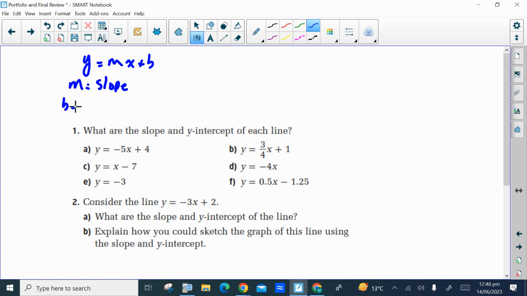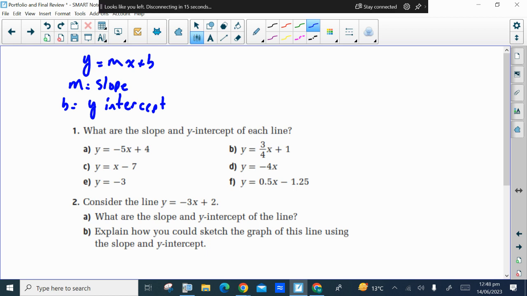B, the constant, is the y-intercept. It's where the graph crosses the y-axis. So if you have the equation in y equals mx plus b, then you can get the slope and y-intercept, and you can graph it from that.